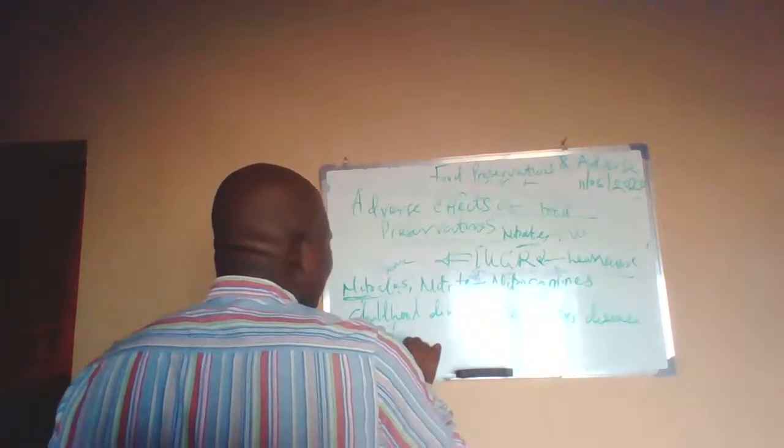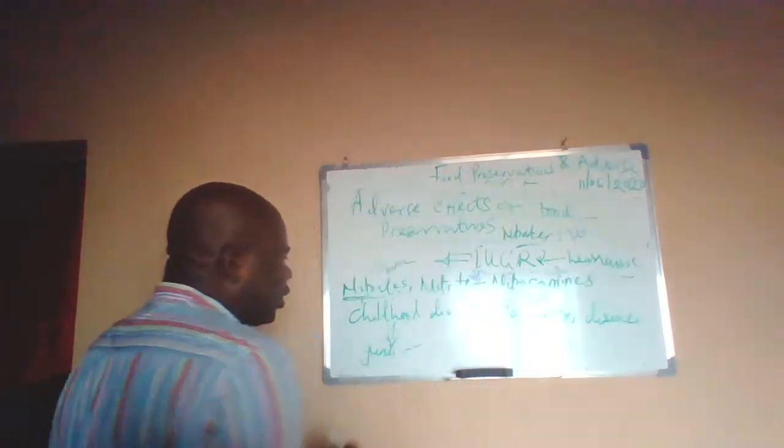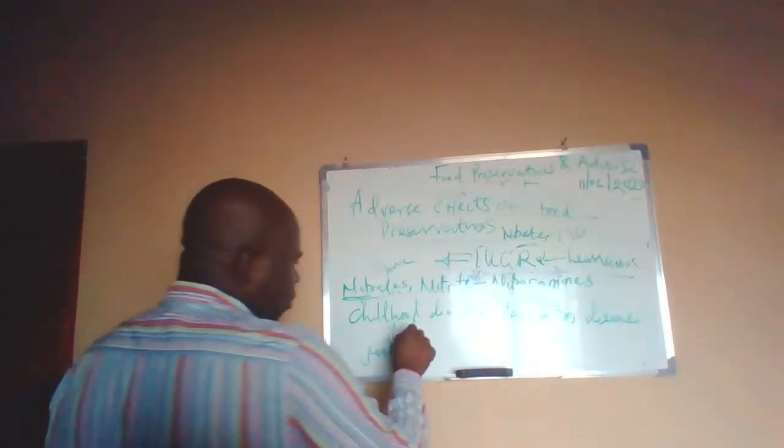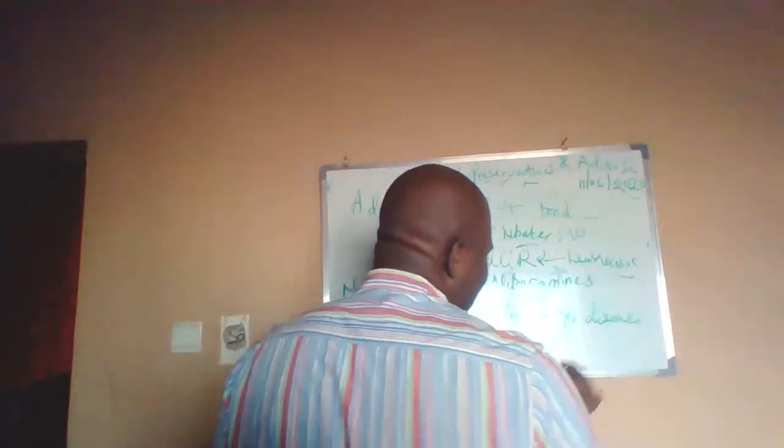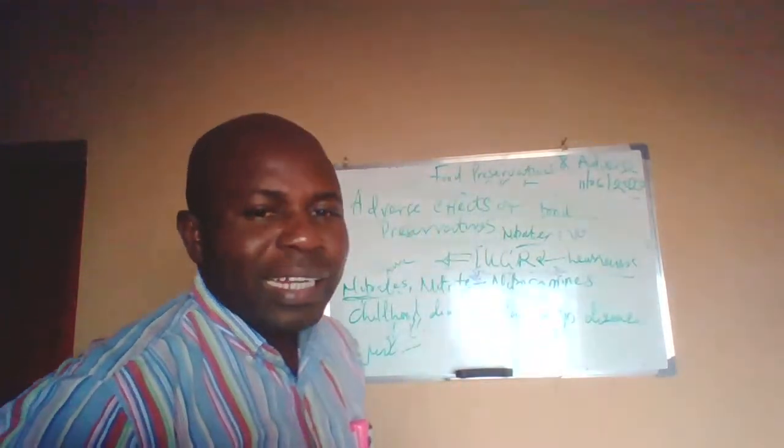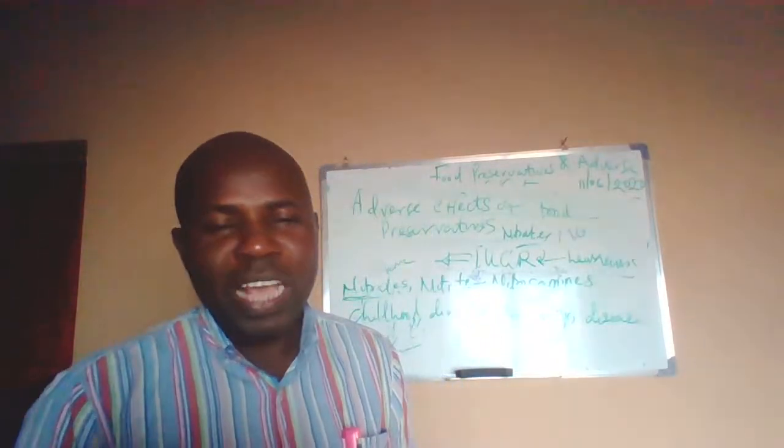This is juvenile type 1 diabetes mellitus. Then Parkinson's disease. Parkinson's disease is a neurodegenerative disorder of the basal ganglia, part of the brain.